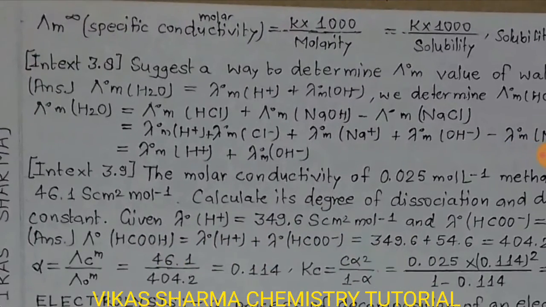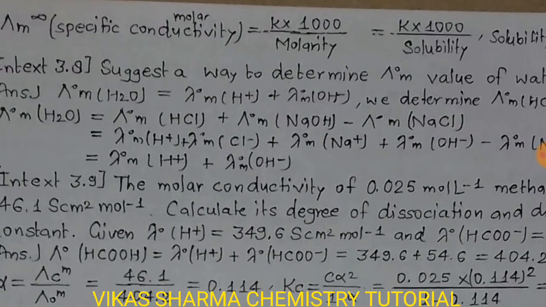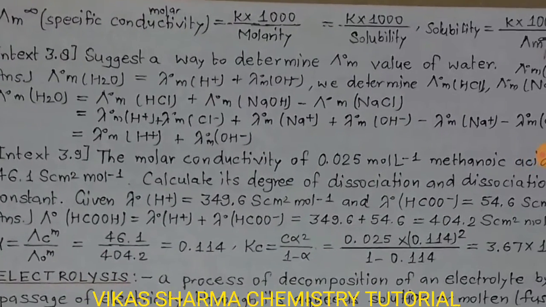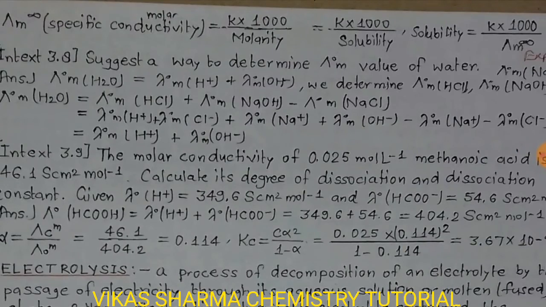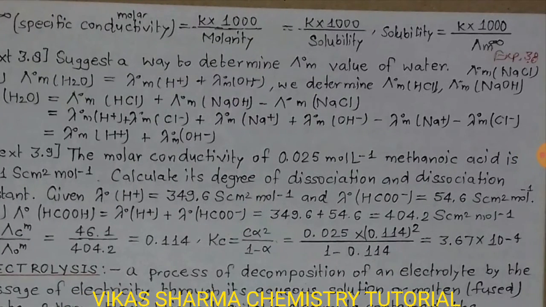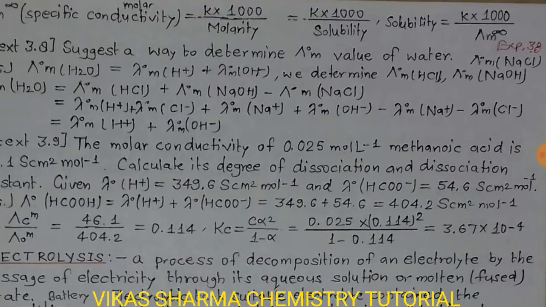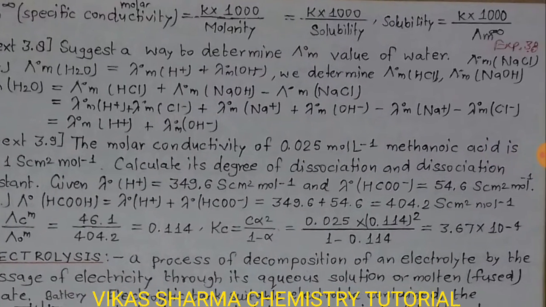In the NCERT book, questions in text 3.8 and 3.9 are totally based on this. First we take 3.8: suggest a way to determine the lambda naught value of water. In text 3.8, suggest a way to determine the lambda m value of water, where lambda m of NaCl is given.